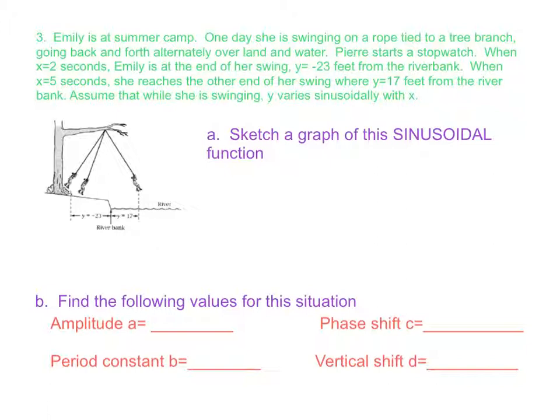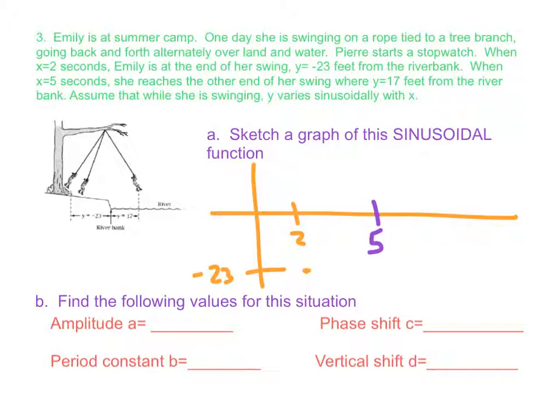So for my graph, it says at 2 seconds, she reaches negative 23 feet. Then it says at 5 seconds, she reaches the other end, which is 17. So 3 seconds elapses between the 2 and the 5.